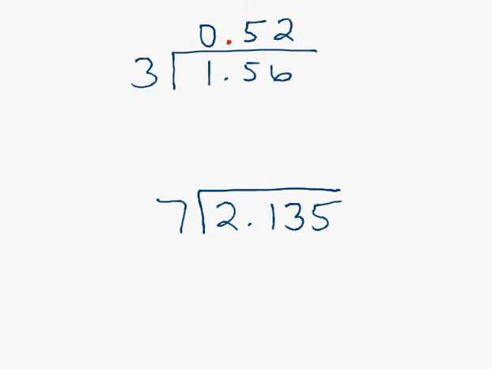Our next example is 2.135 divided by 7. Let's place a decimal point right above the decimal point on the inside and divide. 7 goes into 2 0 times, so we will use that 2 again and say 7 goes into 21 3 times. 7 goes into 3 0 times, so we'll use that 3 again and say 7 goes into 35 5 times.